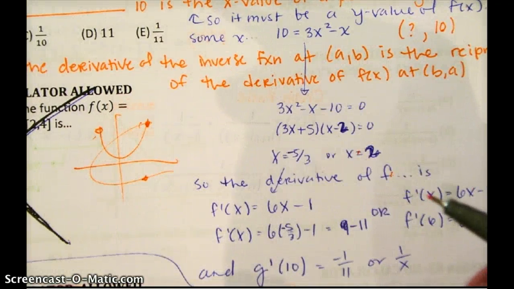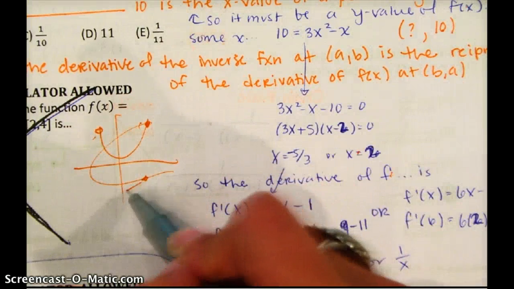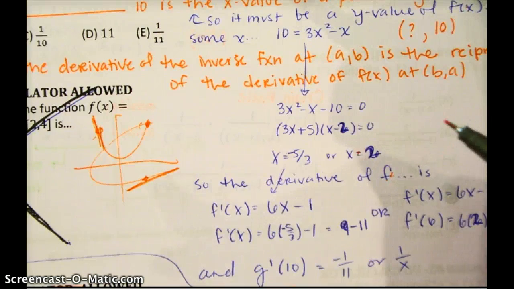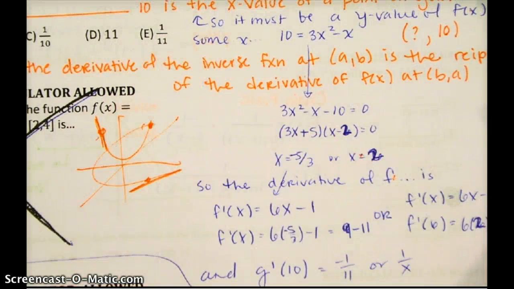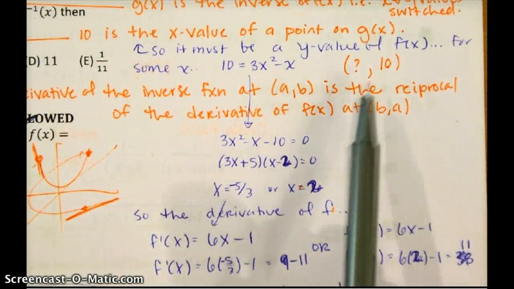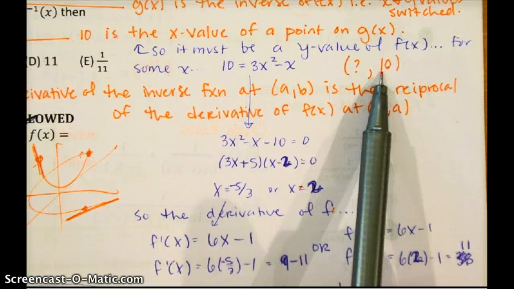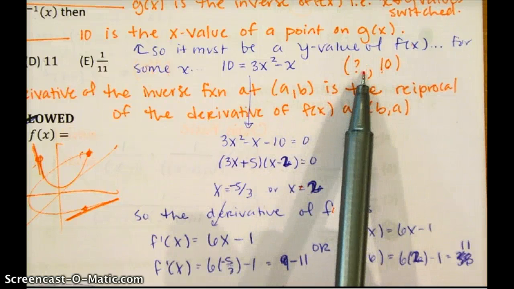And then when I create the inverse function, it flips over, and there are two points on the inverse function. Now, what we know about inverse functions is that the tangent line of this inverse function has the reciprocal slope from the original. Remember we drew that line and flipped them over and looked at their slopes in class? So there are two points on the original graph that have a y value of 10, which correspond to two points on the g of x graph with x values of 10.